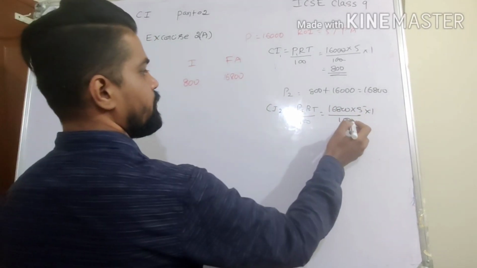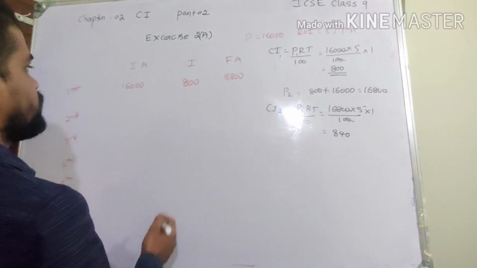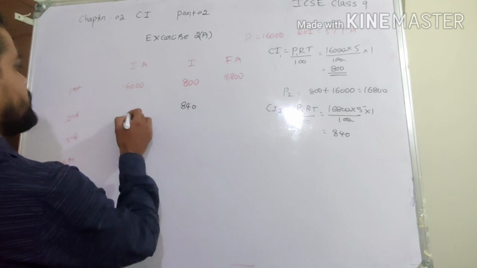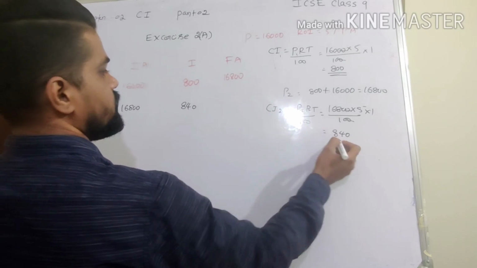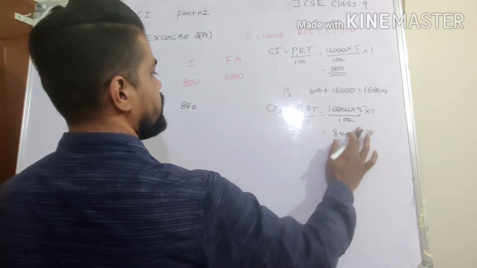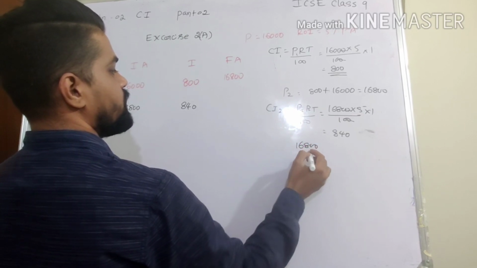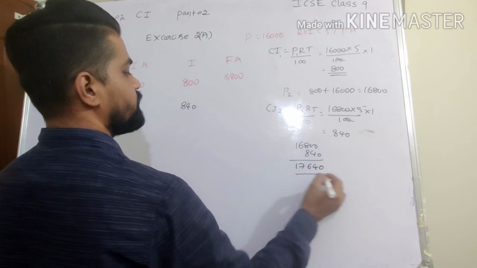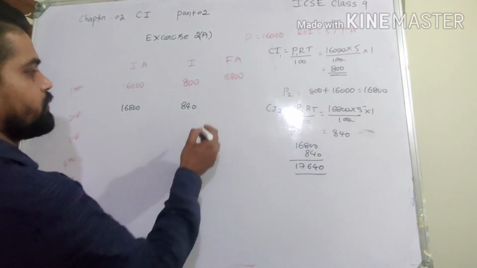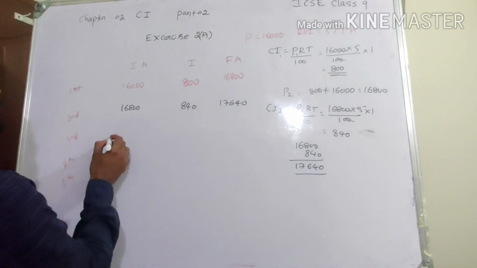Same thing will happen again; we end up with 840. The initial amount is 16,800, and the final amount will be 16,800 plus 840, which is 17,640. Now let's go for the third year.